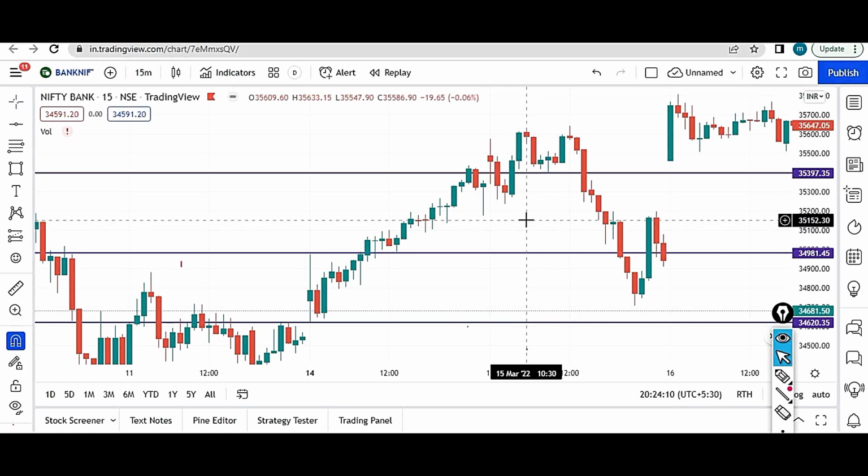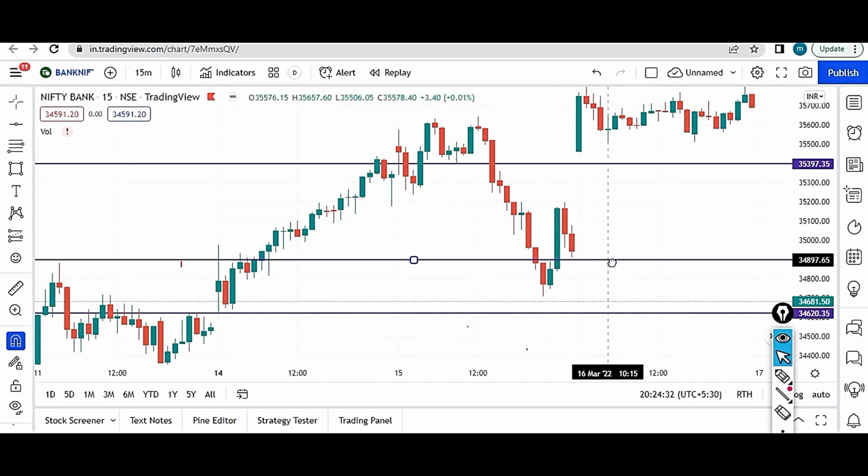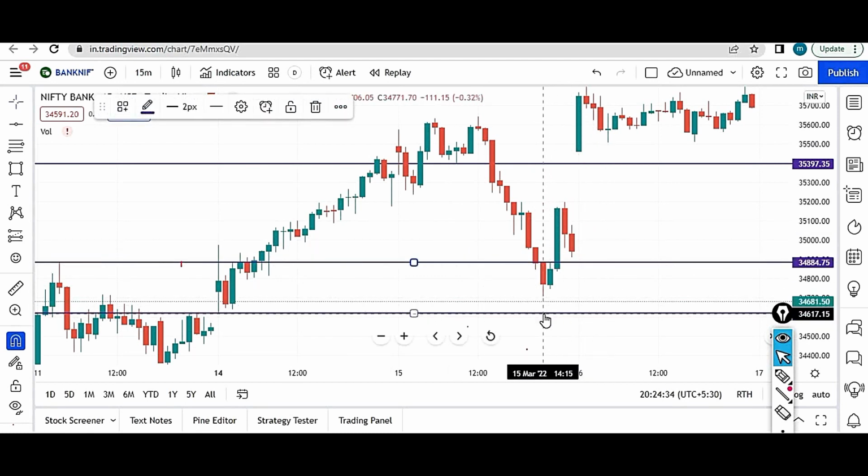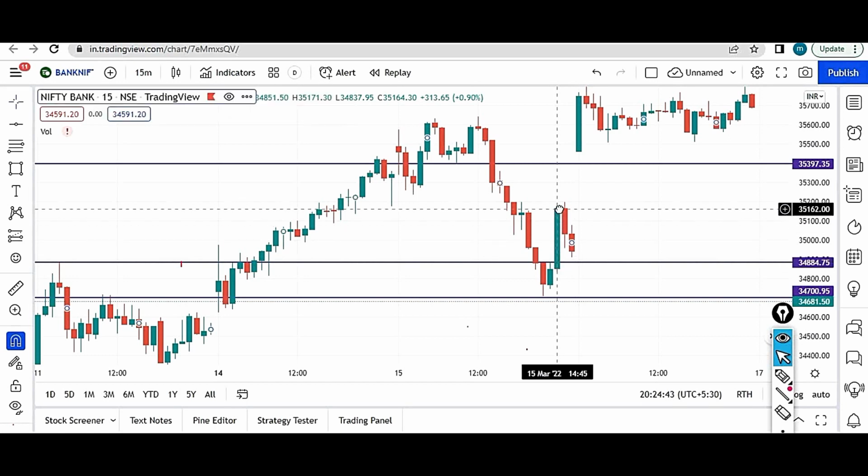Let's figure out further inside bars. On the 15th, if you observe, it made another inside bar around 215, and gave a breakout here. While crossing this top, we take an entry around 900, and it gave almost 200 points move. Very good move, right?